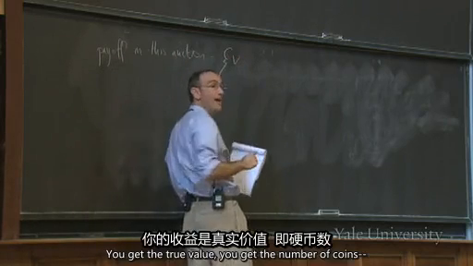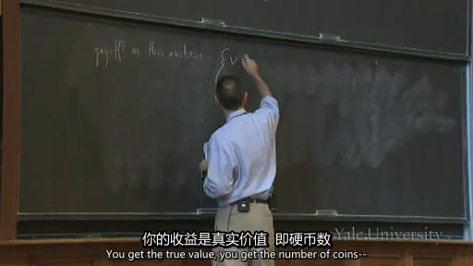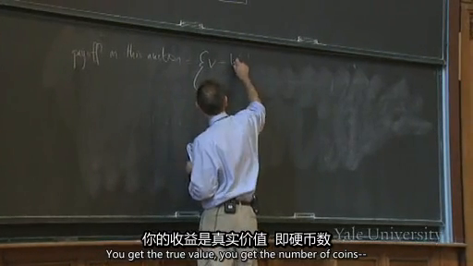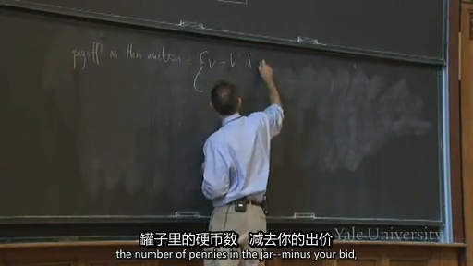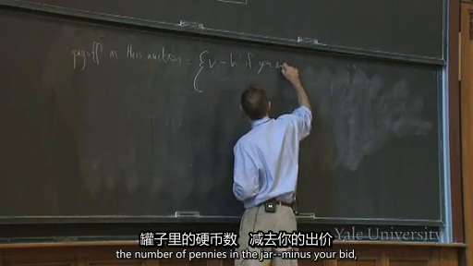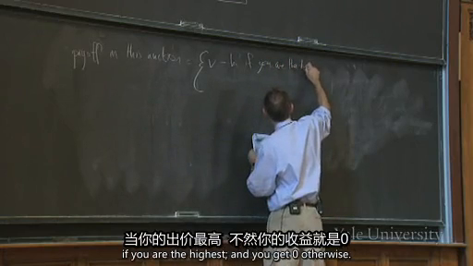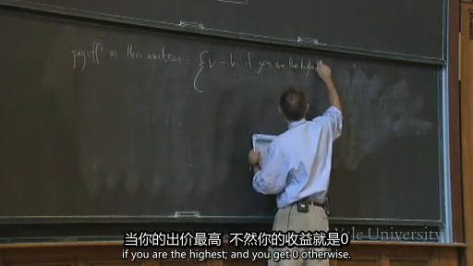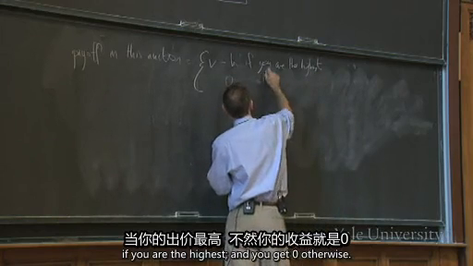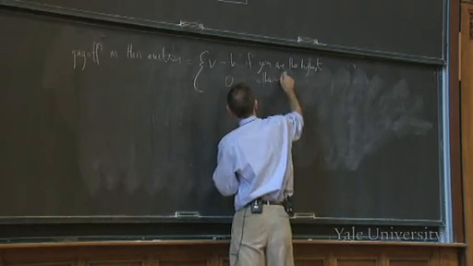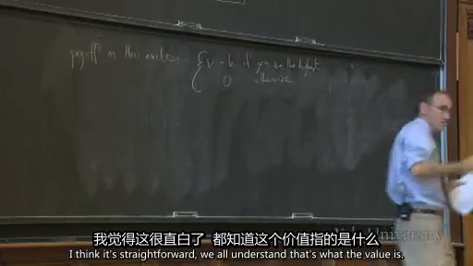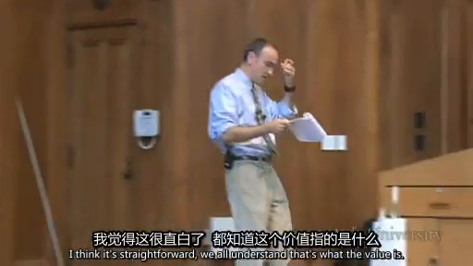You get the true value, the number of pennies in the jar, minus your bid if you are the highest, and you get 0 otherwise. I think it's straightforward. We all understand that's what the value is.